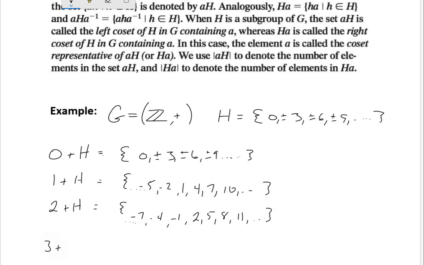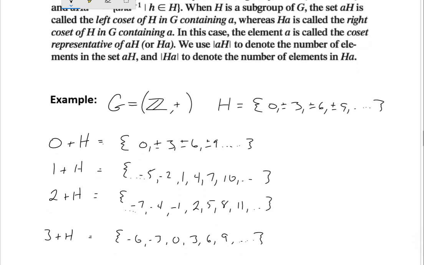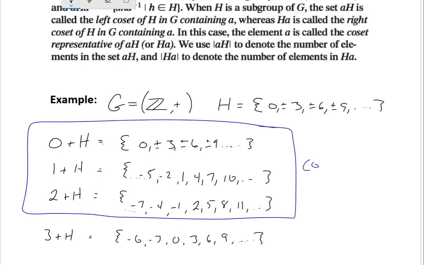And then we would have 3 plus H. Well, 0 plus 3, 3 plus 3, we just see we wind up with exactly the same thing we had with 0. So now we're just going to start repeating ourselves. So then these are our cosets.